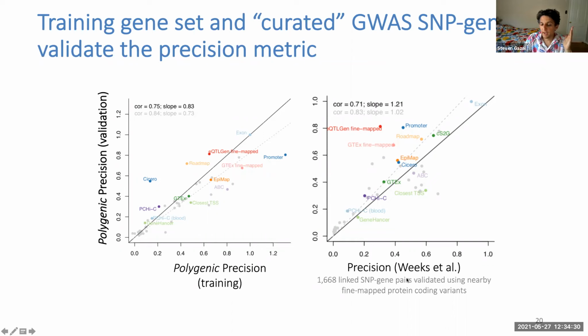For every gene where they had a fine-mapped coding SNP, they assume that all the surrounding non-coding fine-mapped SNPs are targeting this gene. By doing that, we're able to have some kind of gold standard data set. And what we observed here is, again, a strong correlation and consistency between our polygenic precision definition and a more classical precision definition.